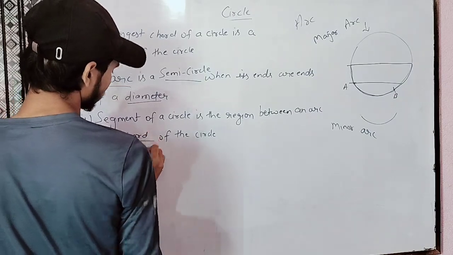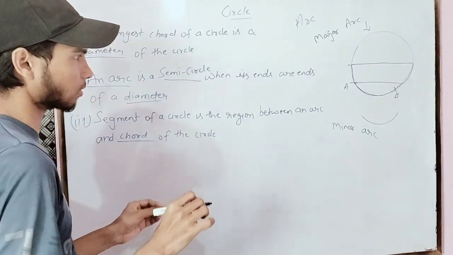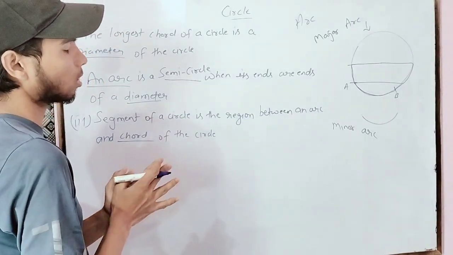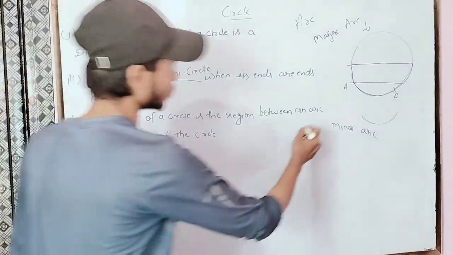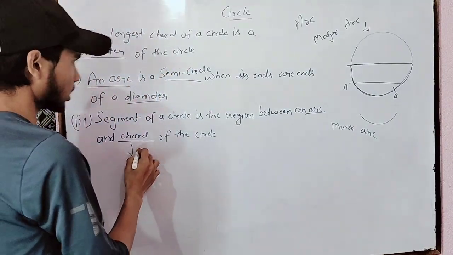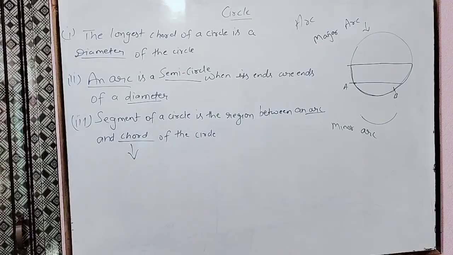Segment is a region which is made up of an arc and a chord. So there is an arc, and there is also a chord. Is that correct? You can see. Now next question.